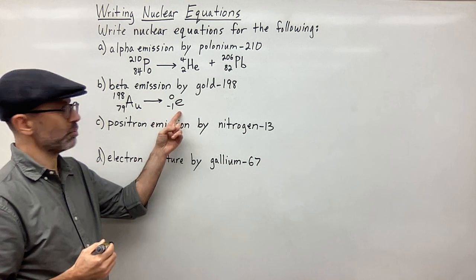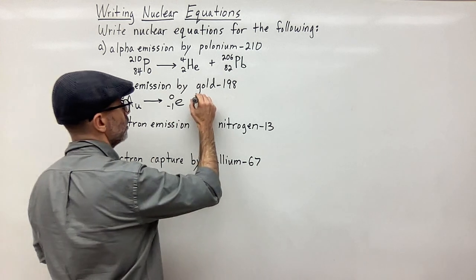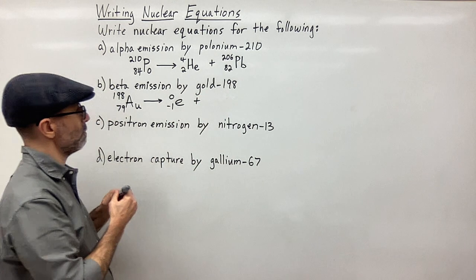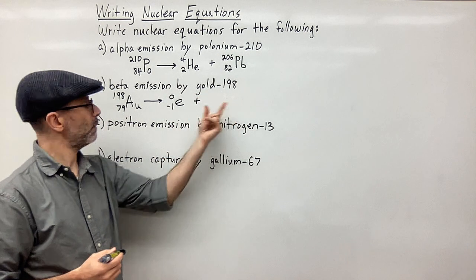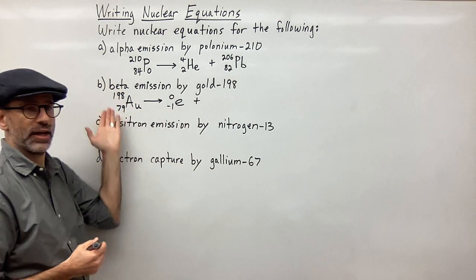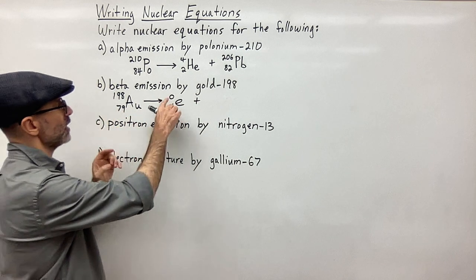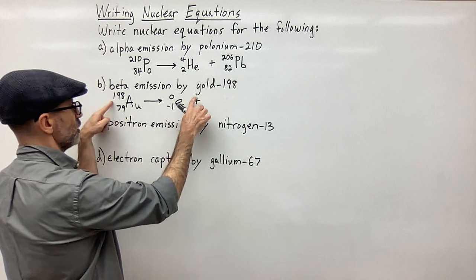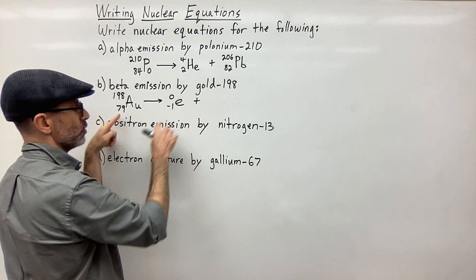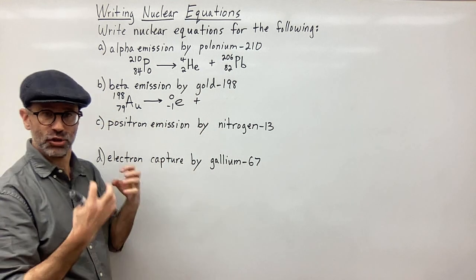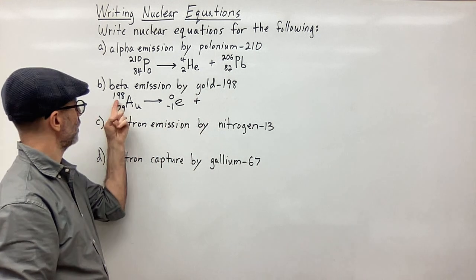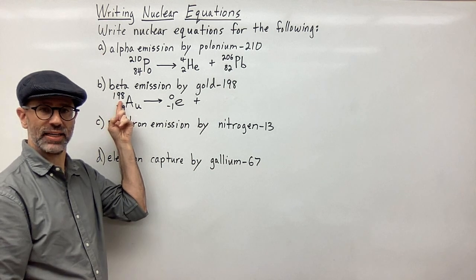So there's our symbol. Now we need to make sure that our missing daughter isotope plus the beta particle equals everything on this side. Again, the top numbers on both sides should be equal, the bottom numbers on both sides should be equal, the total should be equal. Here on this side, we have a total of 198.